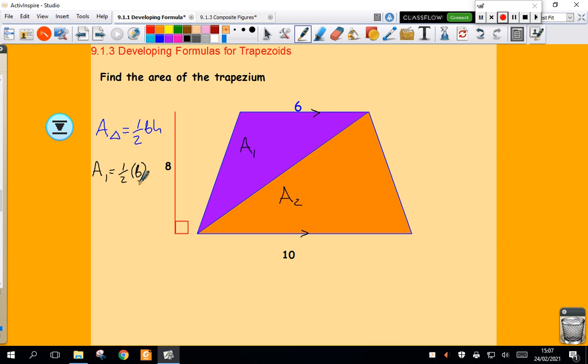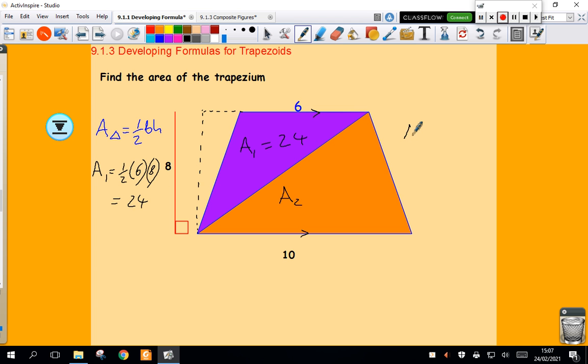And the perpendicular height from that base of 6, to this point here, is 8. We're talking about that height there. We know that height to that side is 8 units. So it's a half times 6 times 8, which is 3 times 8, which is 24. So this area is 24 units squared.